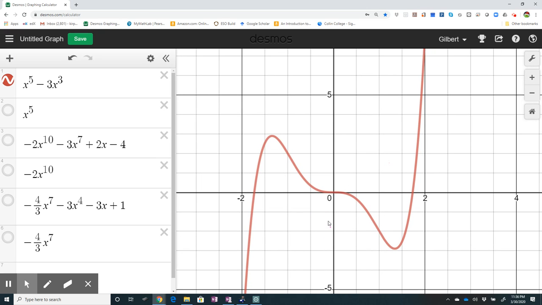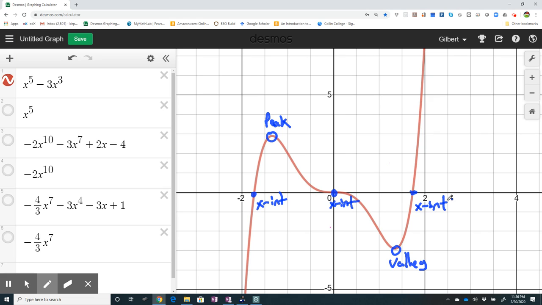Okay, so notice that we have peaks. I have a valley. I have turning points. I have x-intercepts. We're going to go into those later.